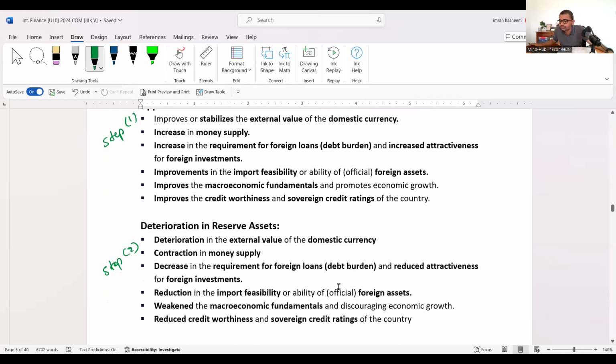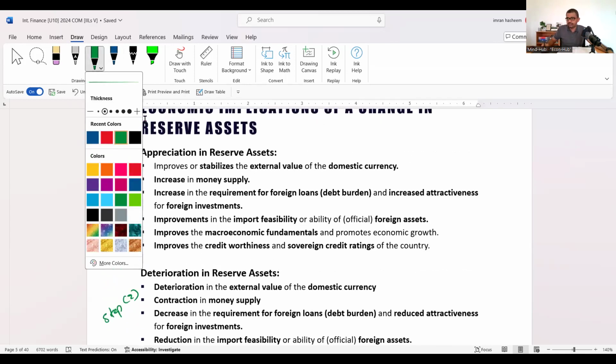Hold on. Yeah, these two words have to change. Okay, there's an error.